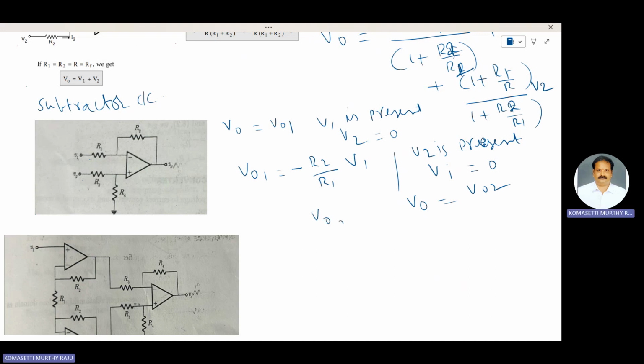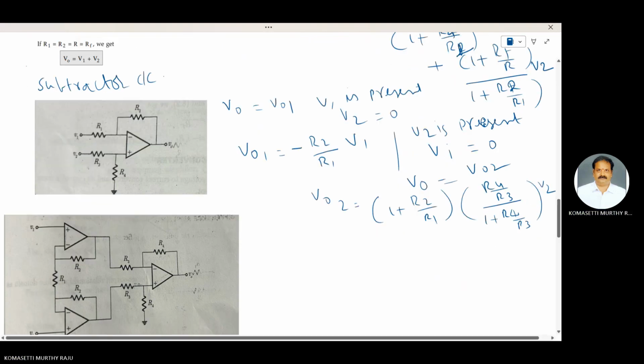Therefore, V02 is equal to 1 plus R2 by R1, R4 by R3, 1 plus R4 by R3 into V2.